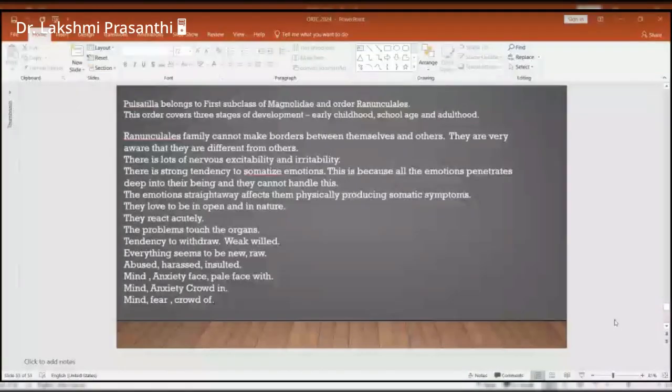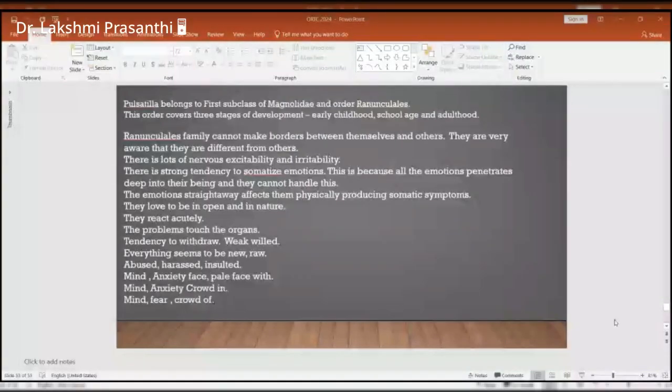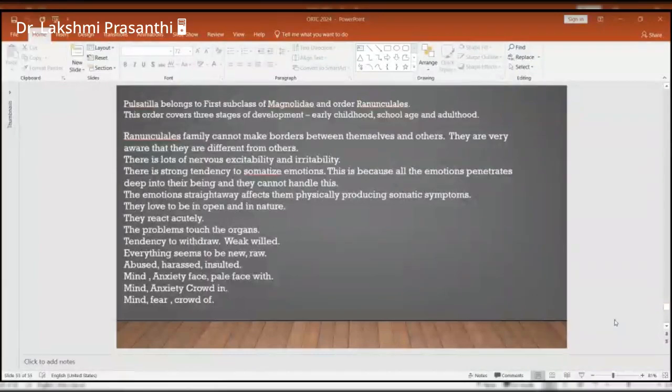And Ranunculaceae are the ones who cannot make boundaries between themselves and others. They are very much aware that they are different from others, something different within themselves. A lot of nervousness, excitability, and irritability.